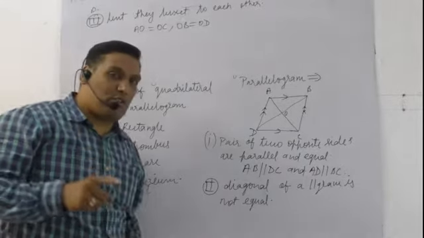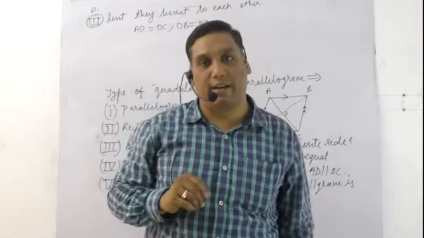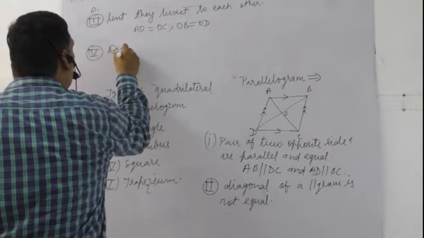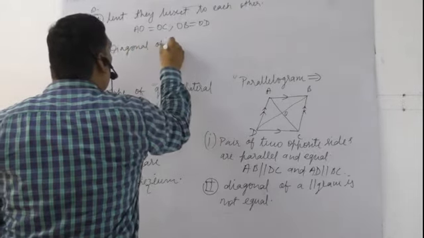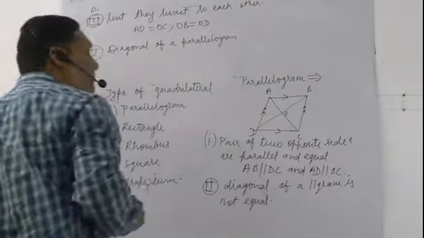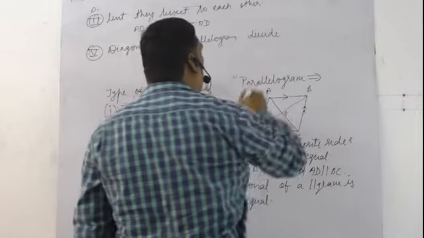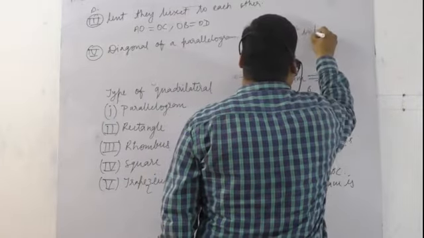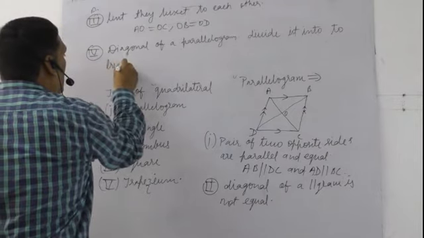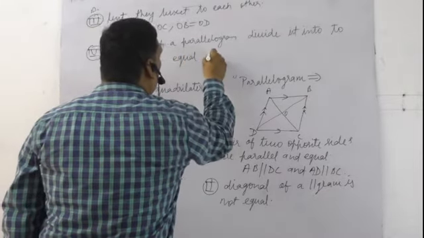Second thing, diagonal of a parallelogram divides it into two triangles which have equal area.